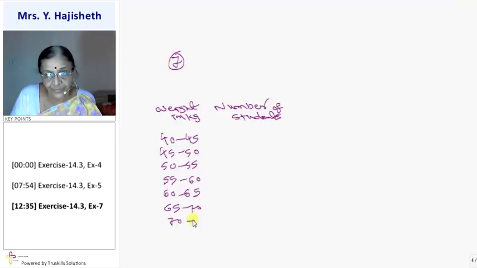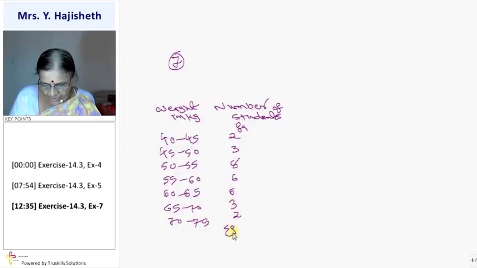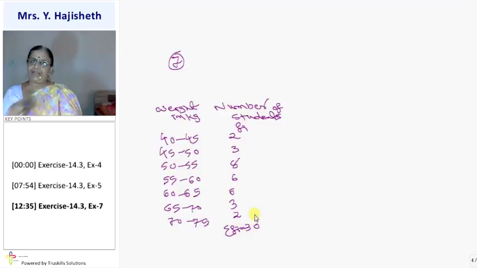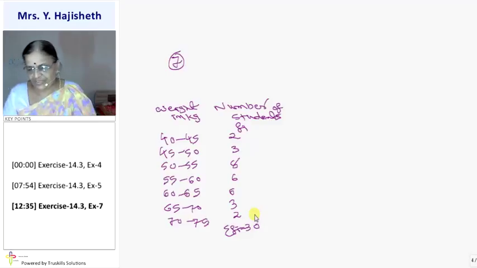And your frequencies fi are given as 2, 3, 8. Every time I need not explain what frequency means. That is the number of students whose weight is in this interval. In 40 to 45 there are 2 students, in 45 to 50 there are 3 students, total 30 students.